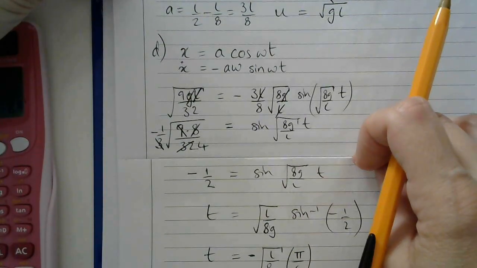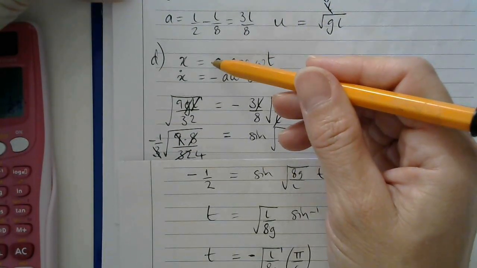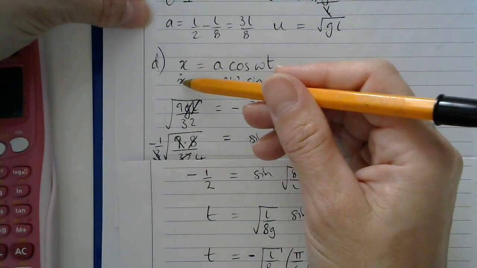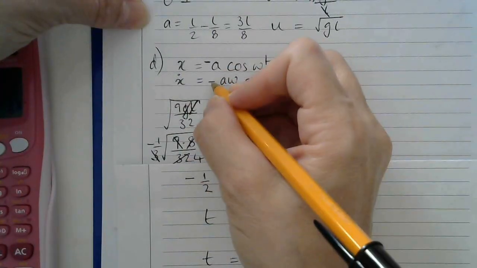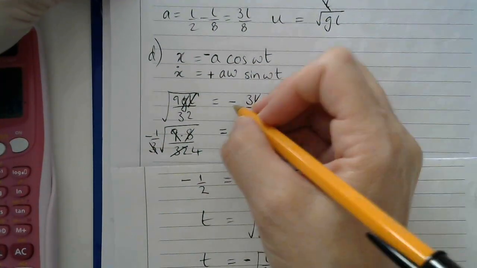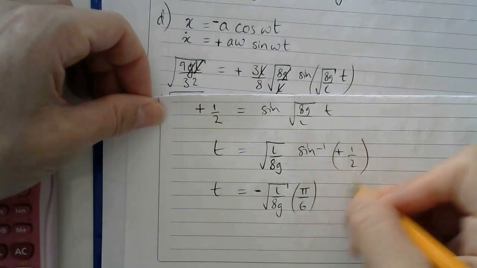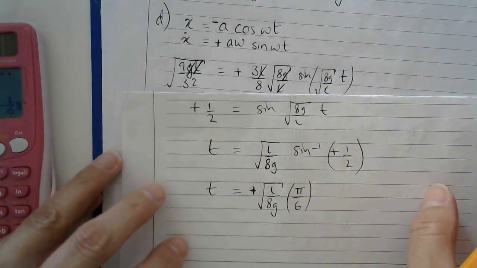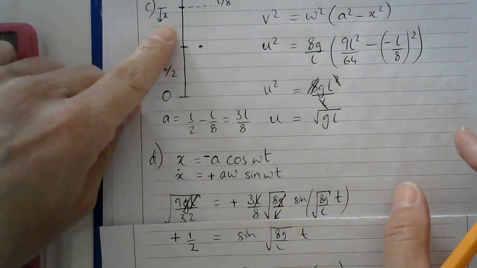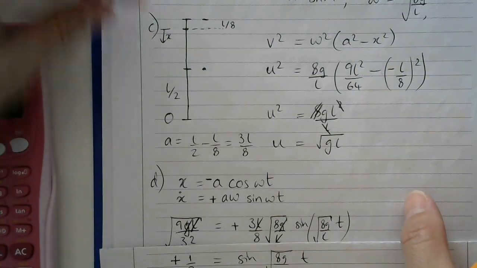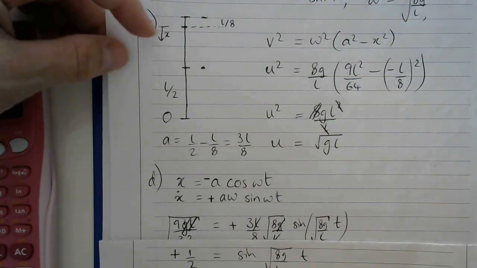So actually, if we want to use this, x dot, really I should make this x negative, then the velocity will become positive, and that will sort out all of these issues, because then I'll just get pi over 6, which is positive. This is to do with the fact that I chose x to be measured downwards, whereas if I had chosen it to be measured upwards, then all of my signs would have come out correctly in the first place.